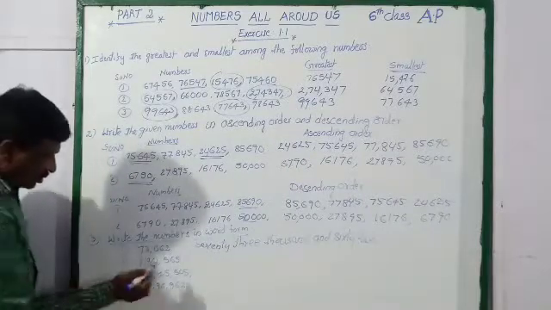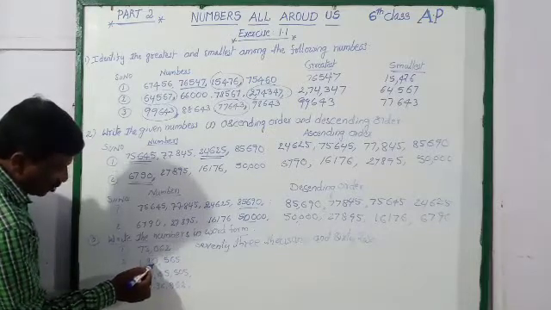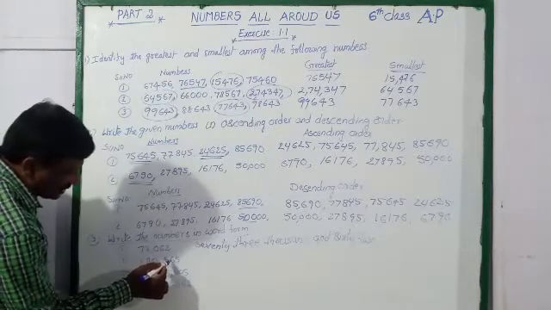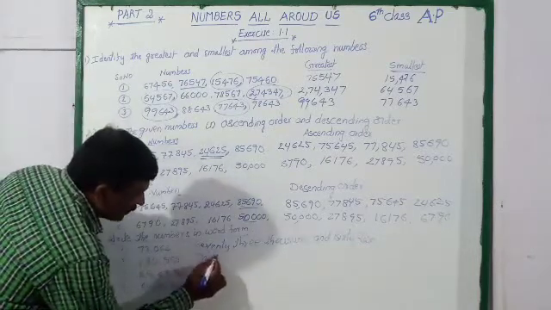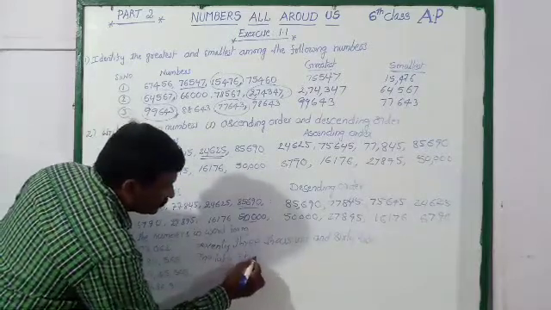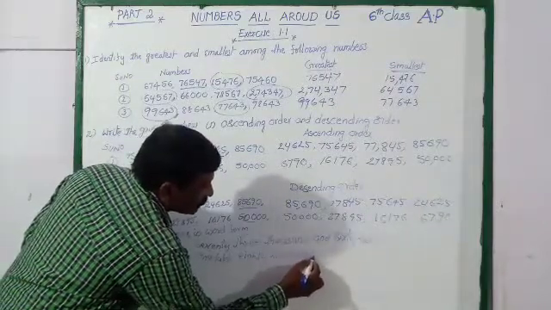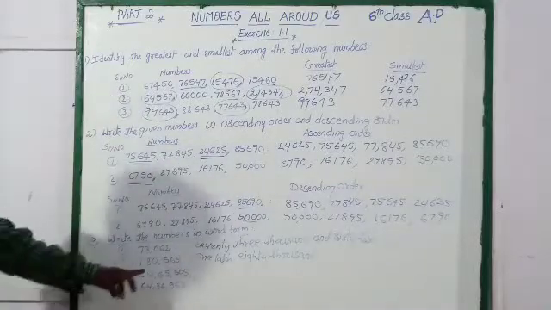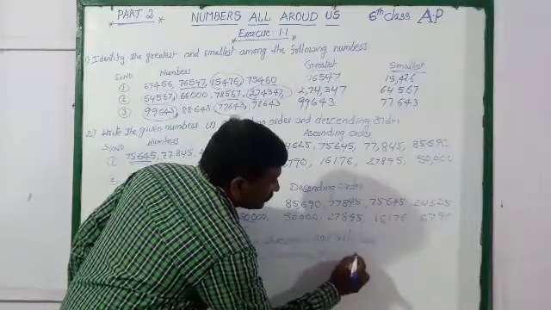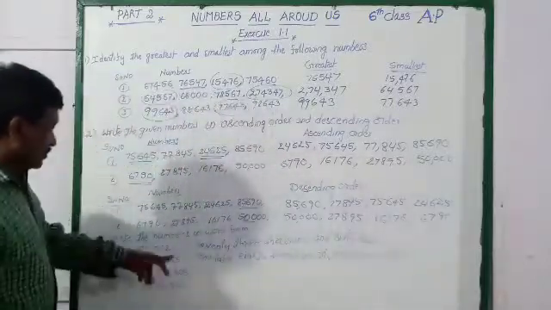Next, ones, tens, hundreds, thousands, 10,000s, 1 lakh. 1,80,565: 1,80,000, 500 and 65.